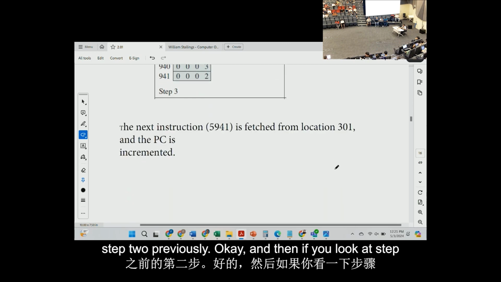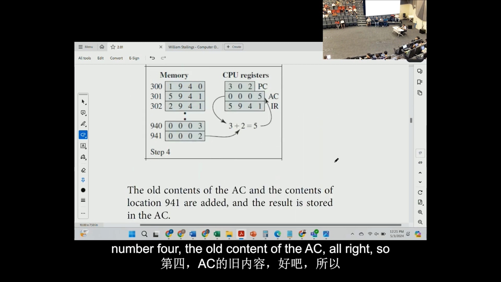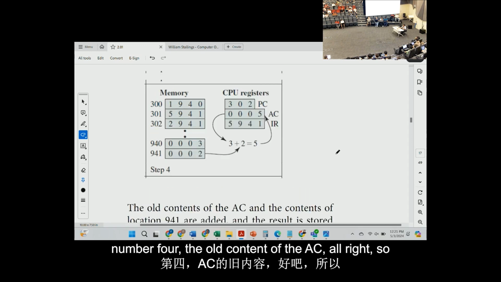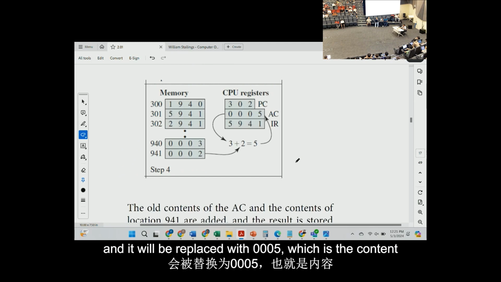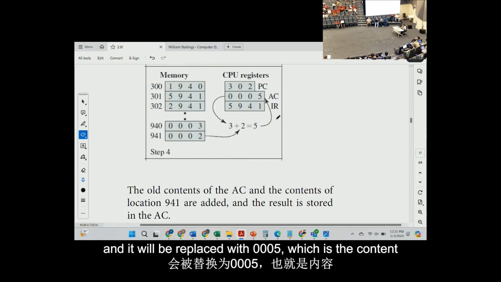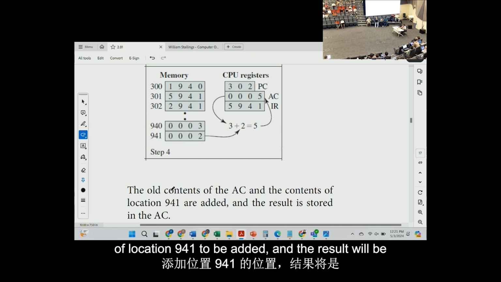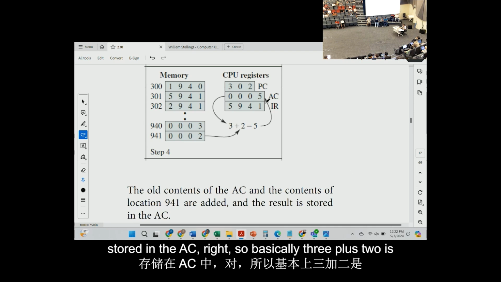And then if you look at step number 4, the old content of the AC, which previously was 0003, will be removed and replaced with 0005, which is the content of location 941 to be added, and the result will be stored in the AC.